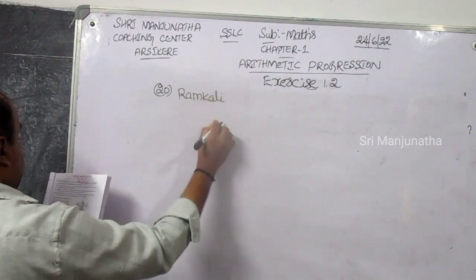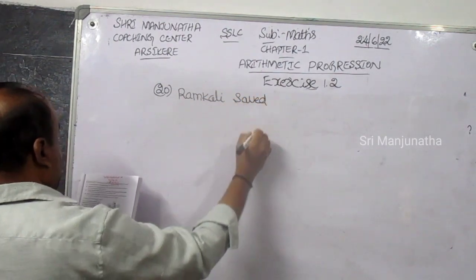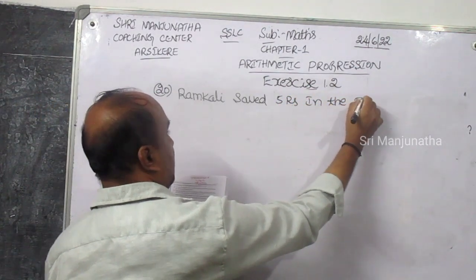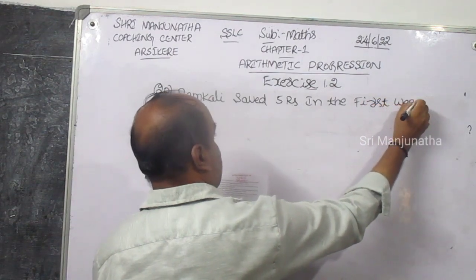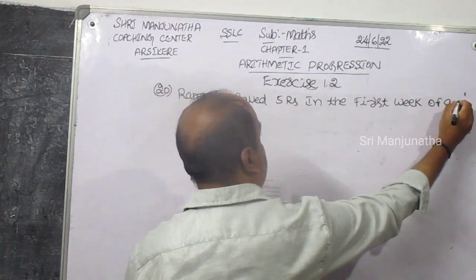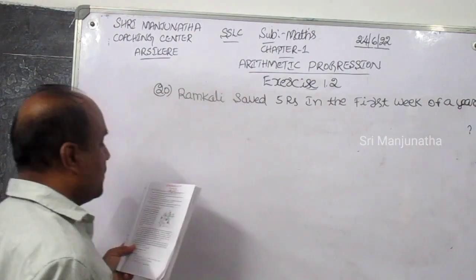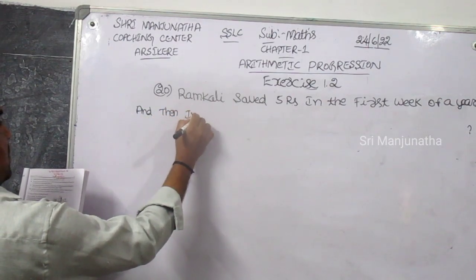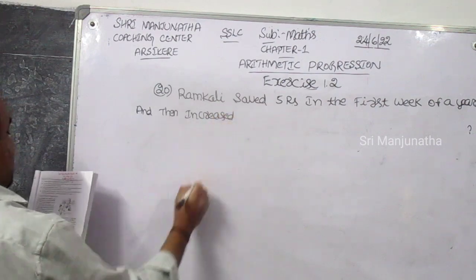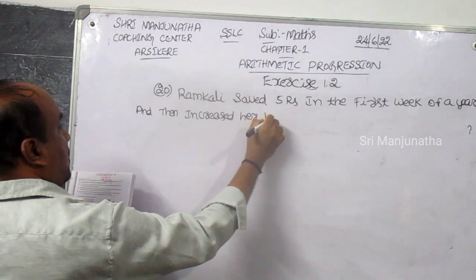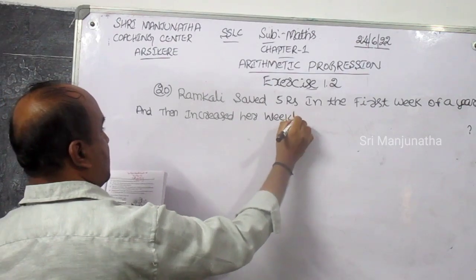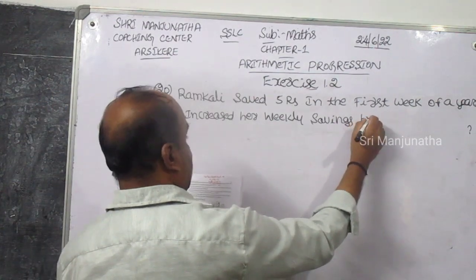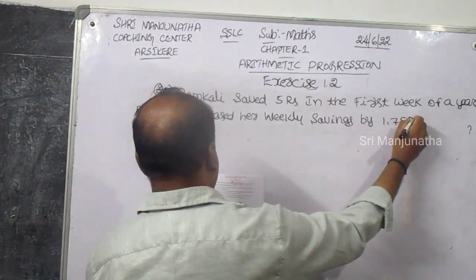Ram Kali saved 5 rupees in the first week of a year, and then increased her weekly savings by 1.75 rupees.